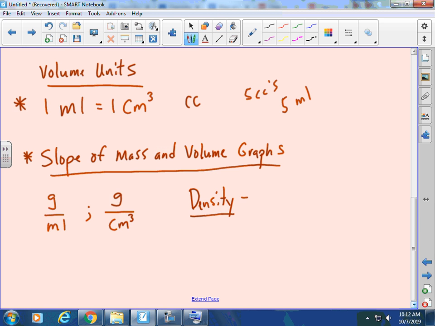What density explains is how compact the particles are. Okay? So that means, if we talk about mass and volume, mass being the amount of matter in an object in grams, and volume being the amount of space the object takes up in cubic centimeters or milliliters, whatever it is we're using.